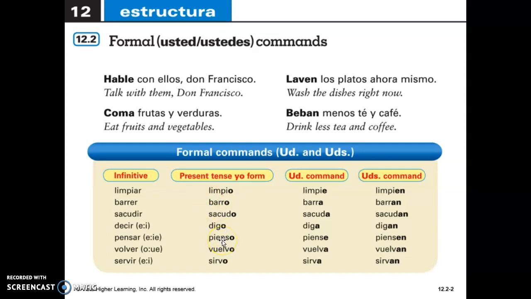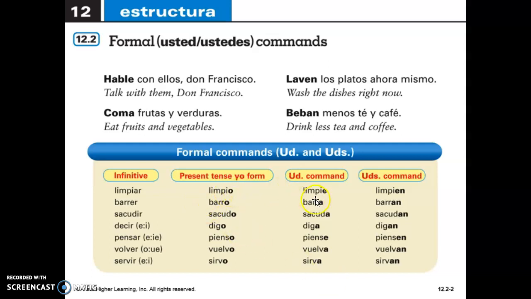Now, if we want to talk about the present, it's going to be ella limpia or él limpia, and so on. However, if we look at the command, it's going to be limpie. It's not going to be limpia, okay?